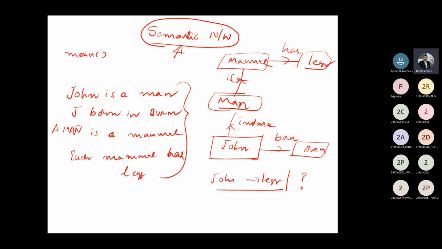John is a man, John was born in Bhimavaram, and a man is a mammal. Each mammal has legs. Does John have legs? If somebody asks what the inference is, is it true or false?